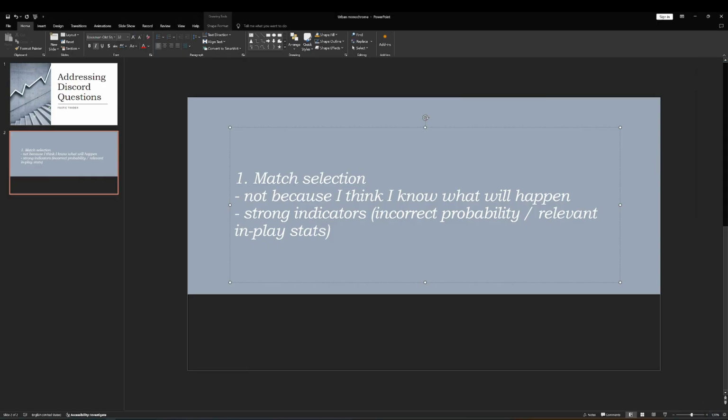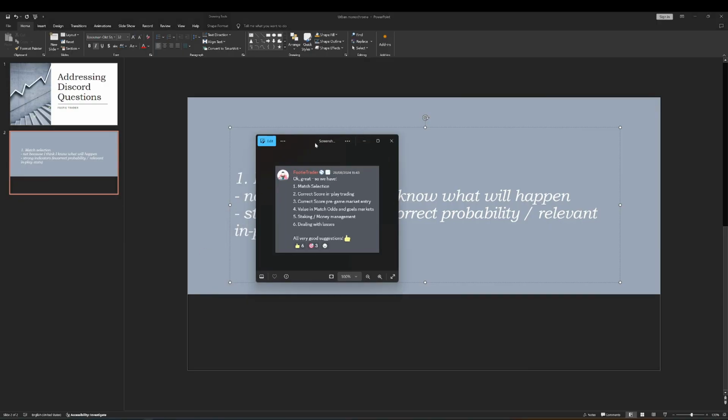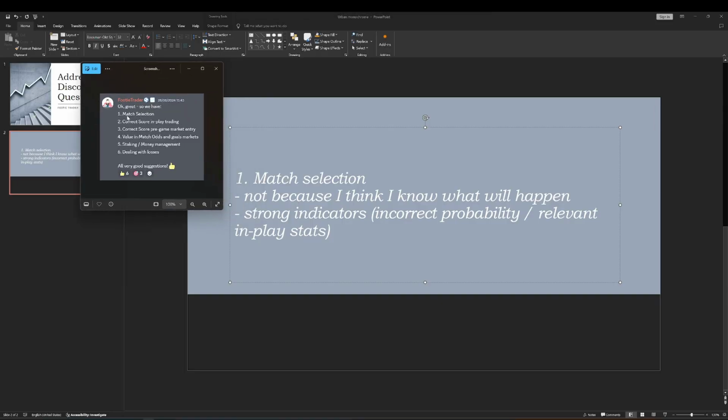So we've covered a couple of those points: match selection, in-play trading, and pre-game market entry. What you do in play with those trades and how you manage the risk is not for this video. I would again join the Discord. You will see some use cases, and I always explain everything that happened in the trade.